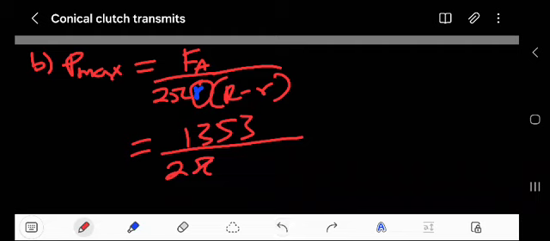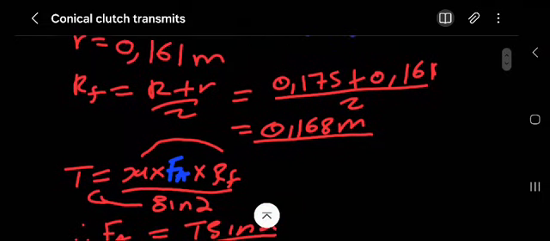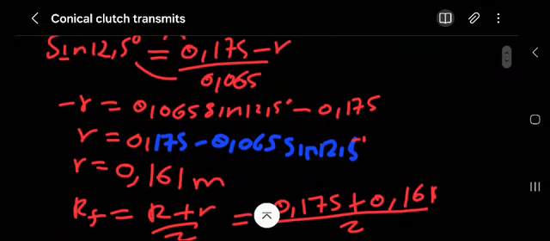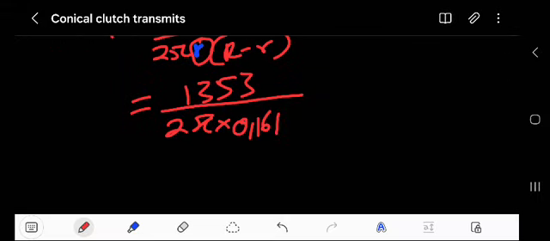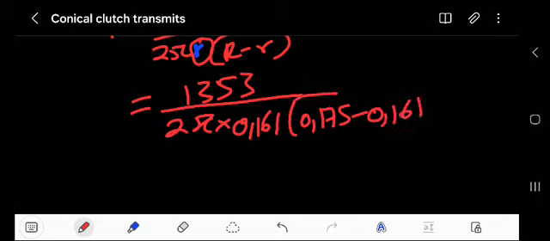Then our small r is the one we've calculated, 0.161, multiplied by big R, which is 0.175, minus 0.161.